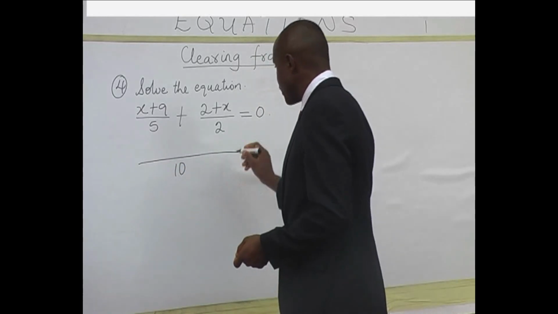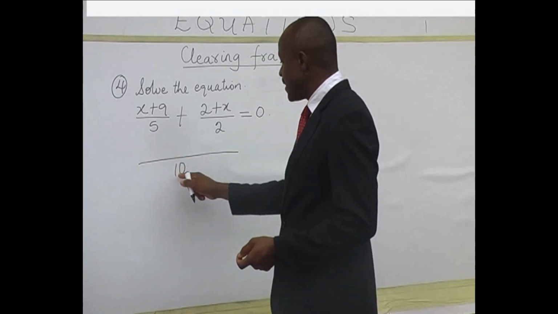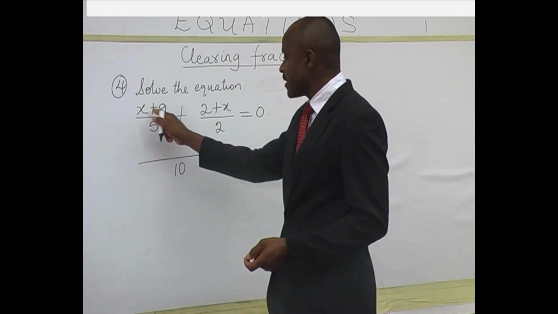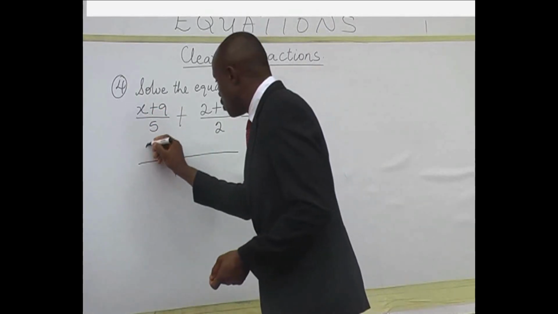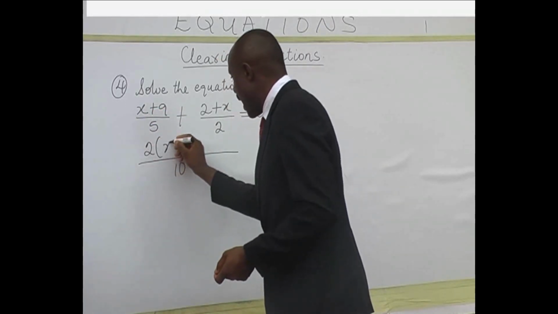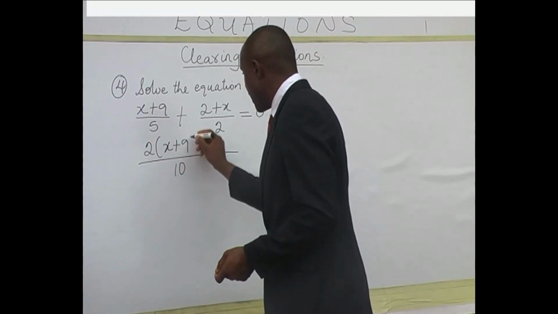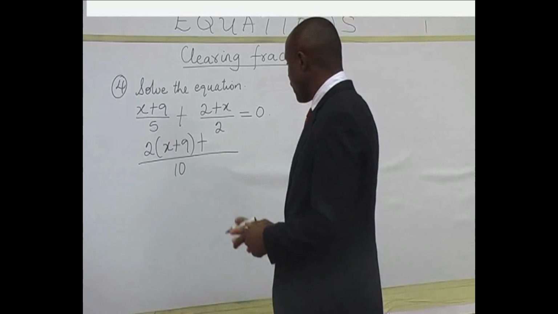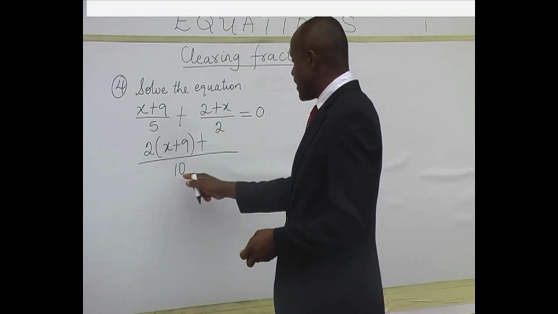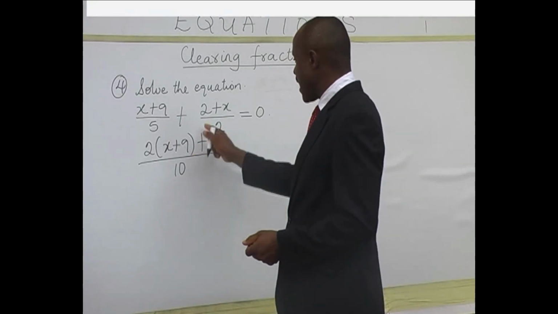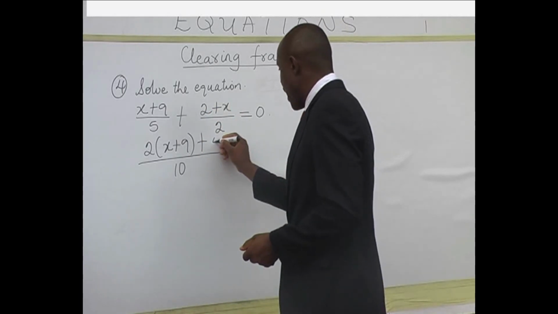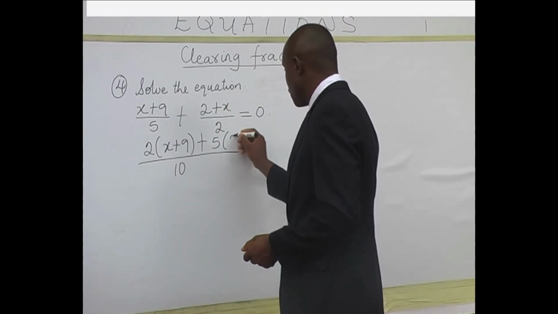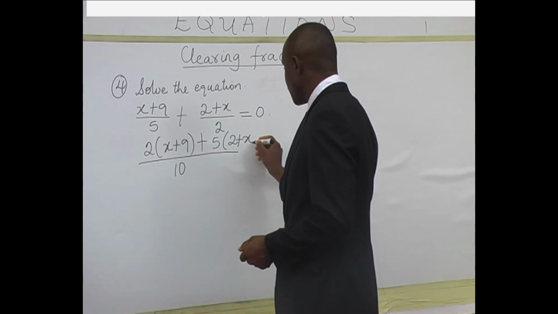Draw a line across. 5 divides 10 is 2. 2 times x plus 9 will give you 2 into x plus 9. Bring down the sign of addition. 2 divides 10 will give you 5. 5 times 2 plus x will give you 5 into 2 plus x.